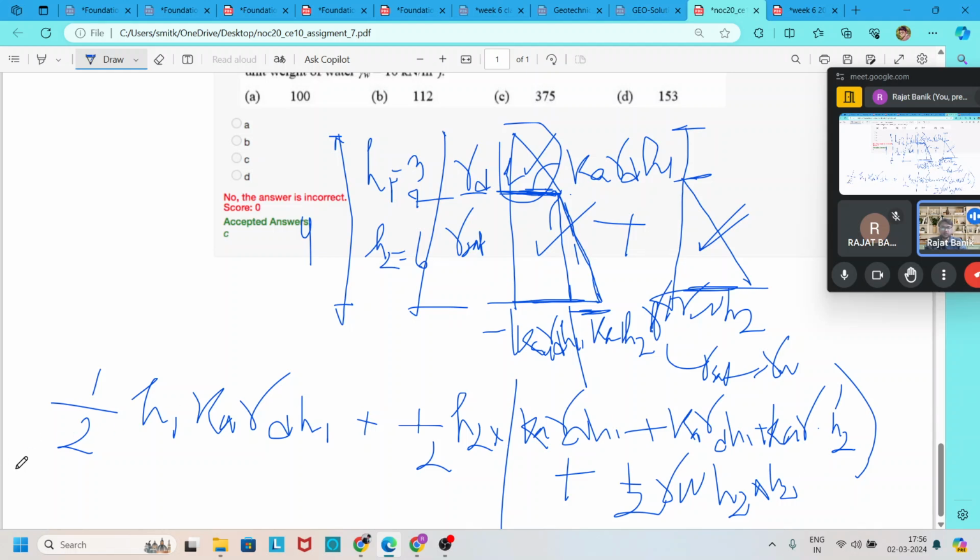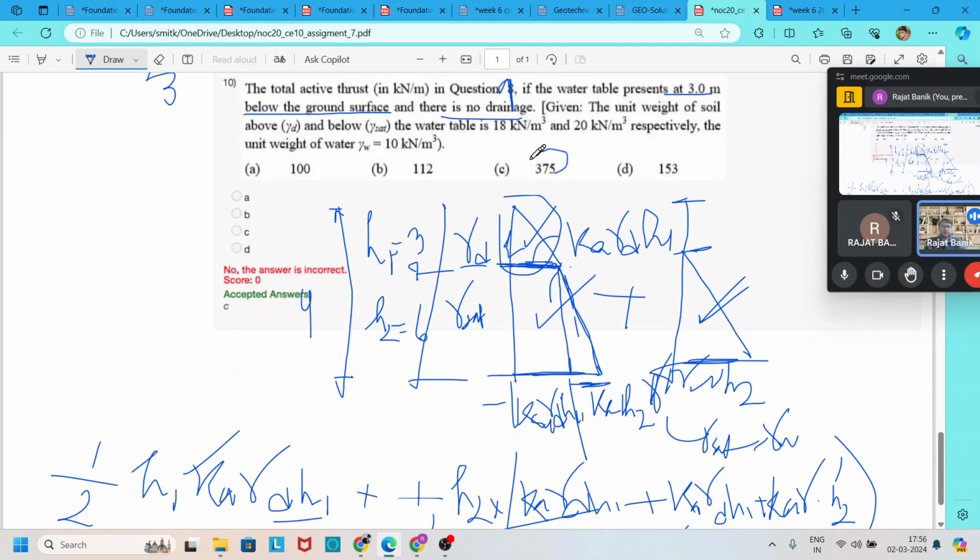So put all these values here, that is K, H1, H2, then gamma W, and get the result. It will become 375.